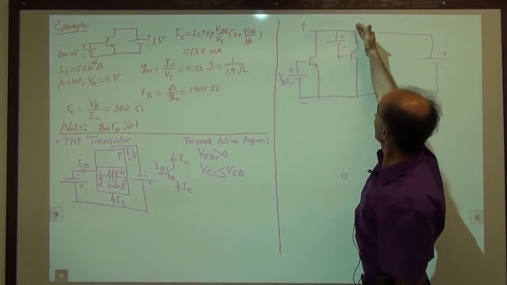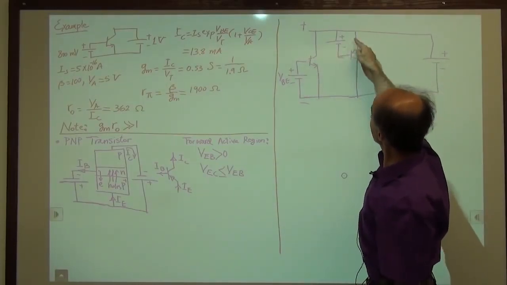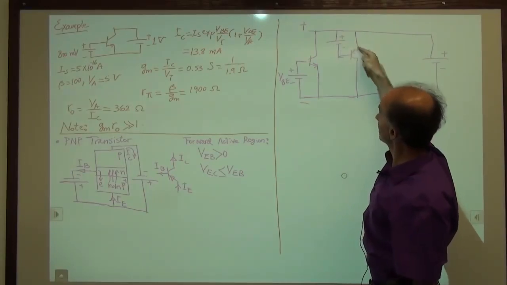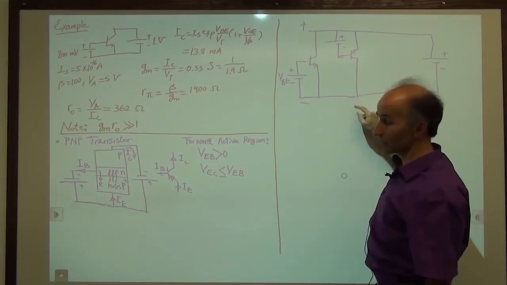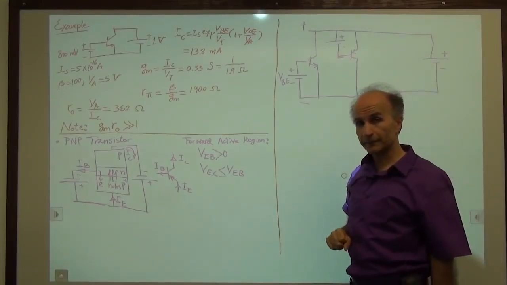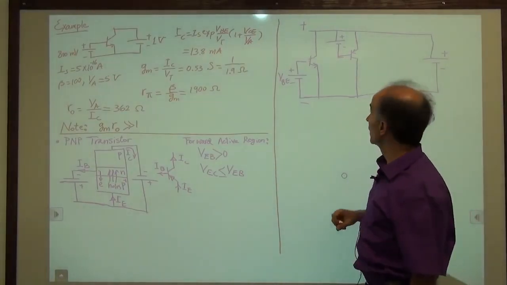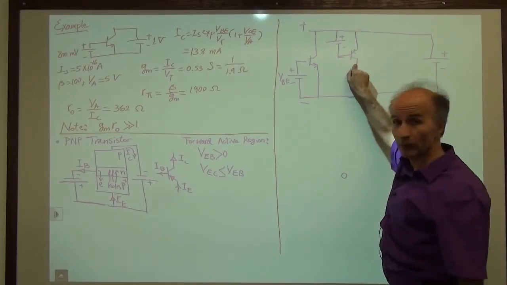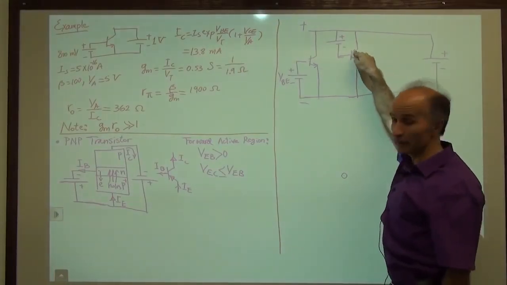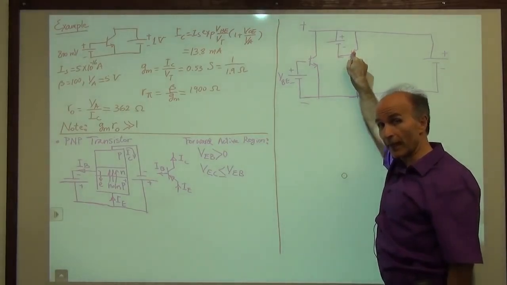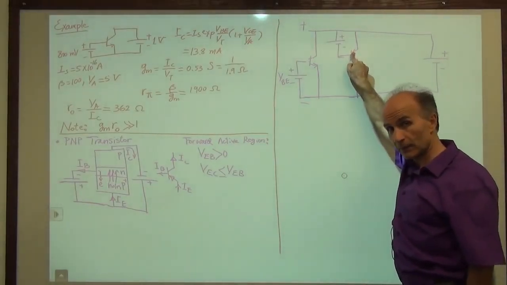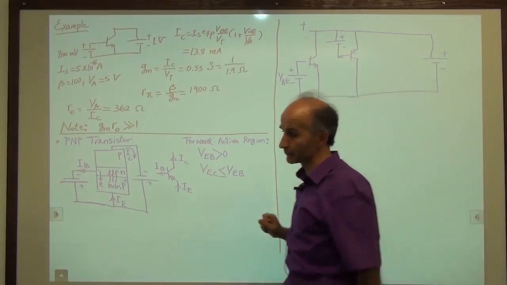So emitter goes to the highest potential, then base is lower by this much, to keep this junction forward biased, and then the collector goes to the most negative potential. All right, so now when we draw it like this, we have to remember that this terminal, the upper terminal, is the emitter, not the collector. And that is where a lot of people get confused. So just remember that.